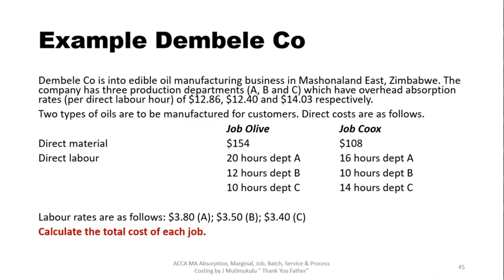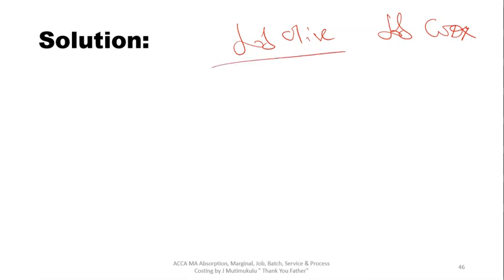So we just have to be a bit systematic. We've got job olive and job cooks. These are the two jobs which we are doing, but we know that a cost card normally starts with direct materials.